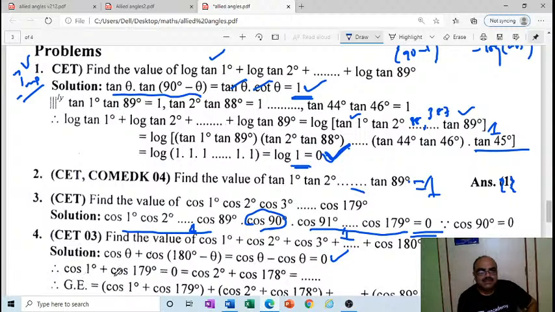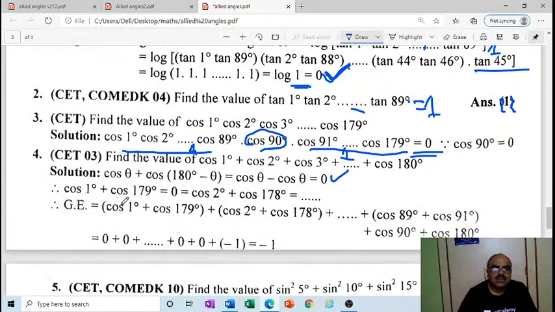So cos 1 plus cos 179 is 0. Cos 2 plus cos 178 is 0. So if you go on adding all these values, this is 0, 0, 0.